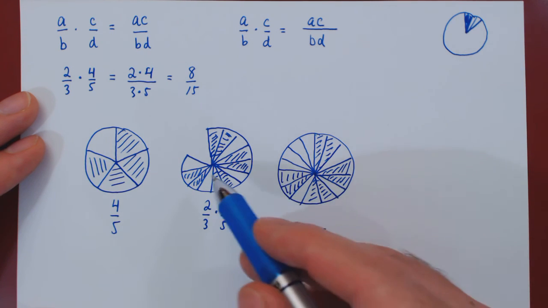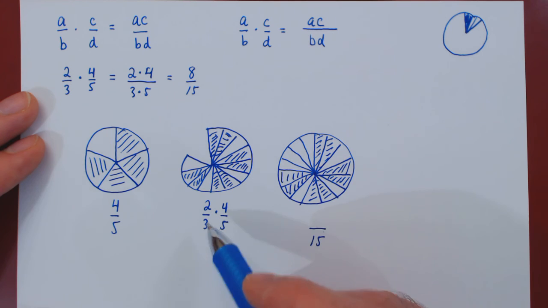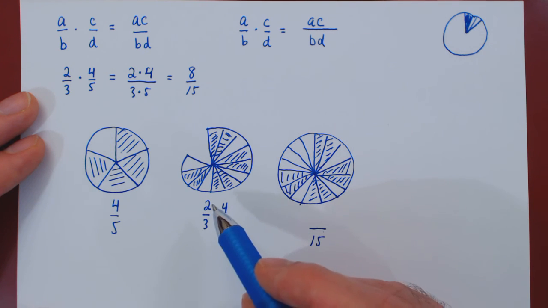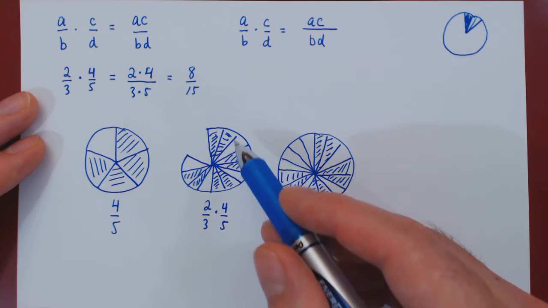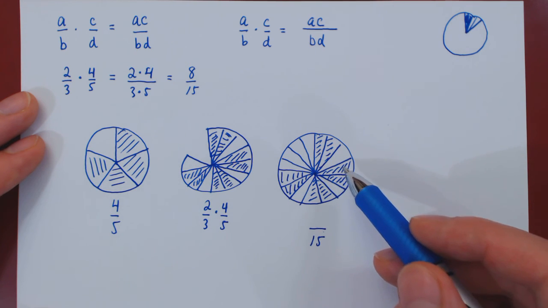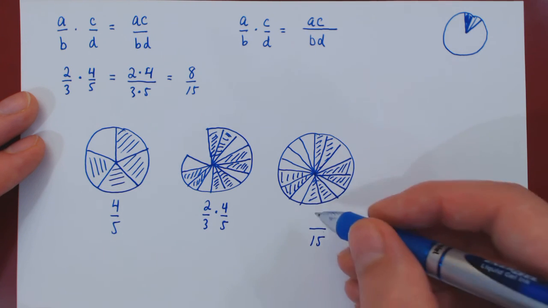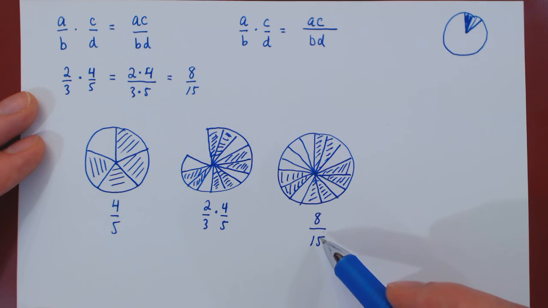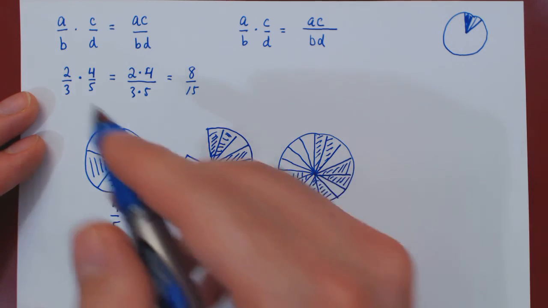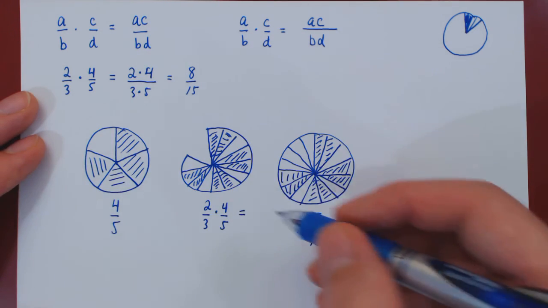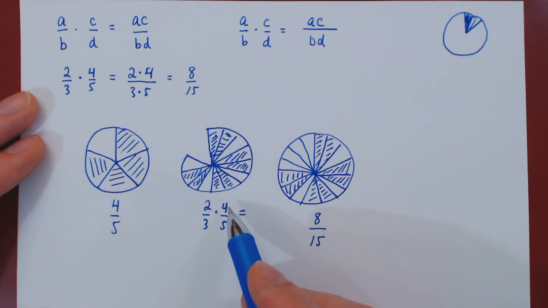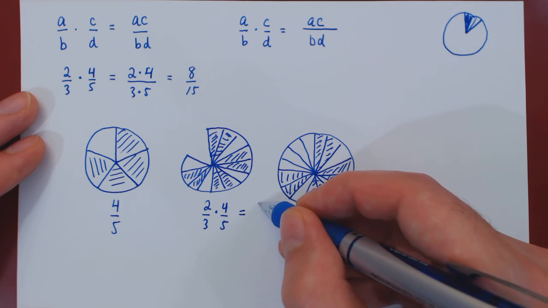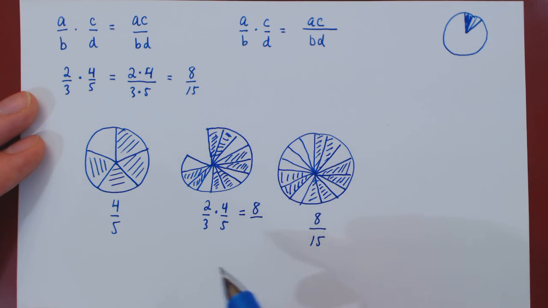So what we have in the end, by doing 2/3 of 4/5, or 2/3 times 4/5, is nothing but 8 parts out of a total number of 15 parts. And this is why when you multiply fractions together, you can simply multiply the numerators together. 2 times 4 is 8. And the same goes for the denominators. 3 times 5 is 15. And that's it.